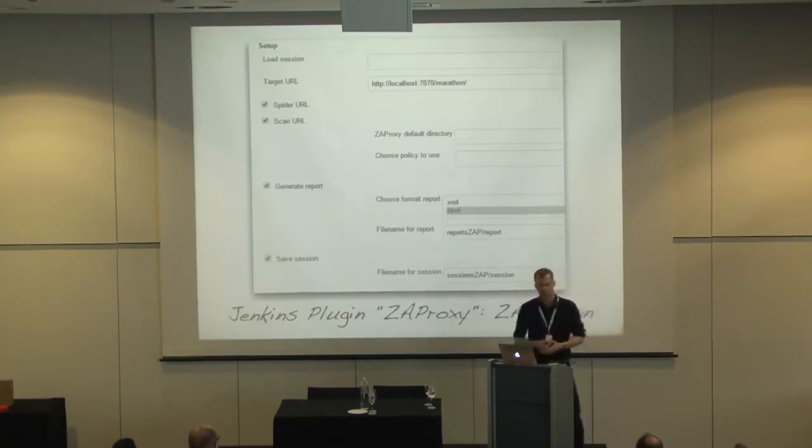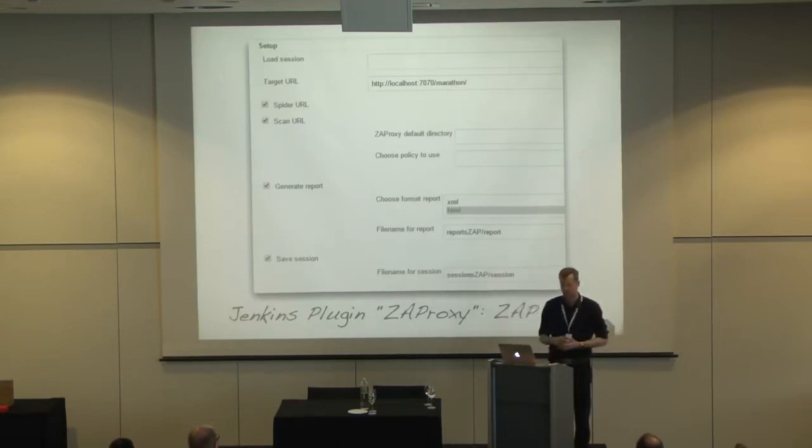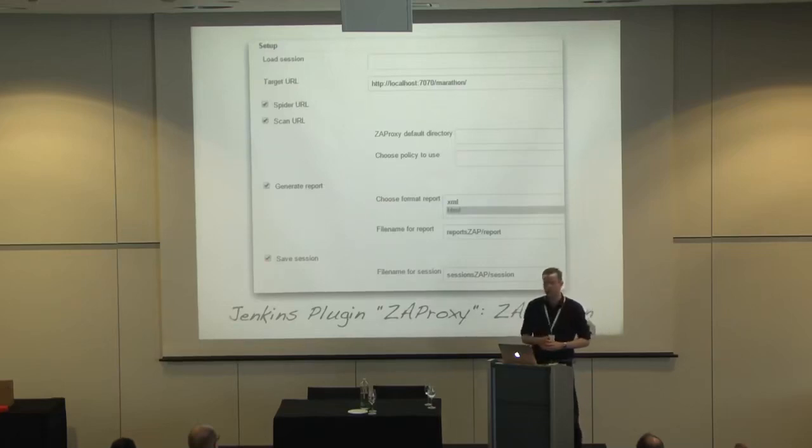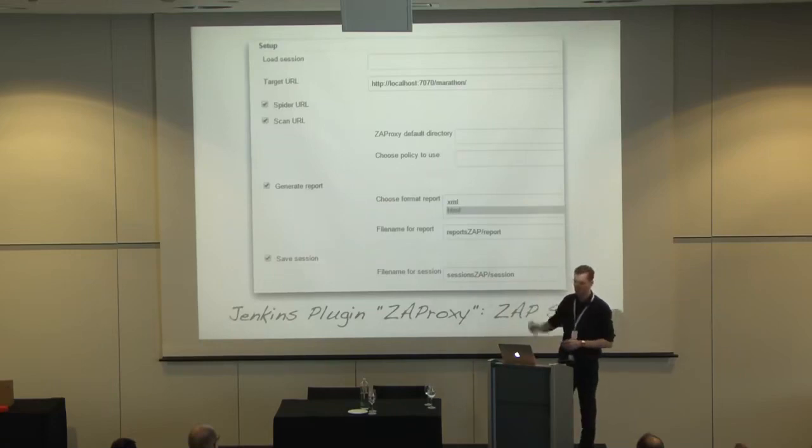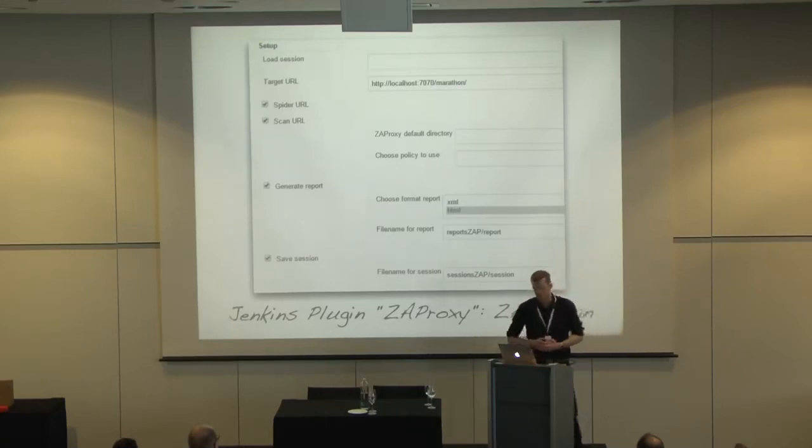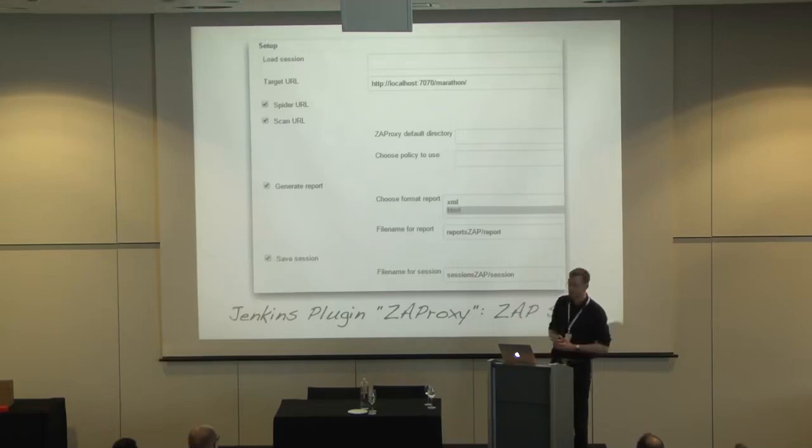This should be the running integration test system that you use during your builds and during your functional testing and acceptance testing, if you have any kind of automated tests for that as well. After all these tests are fine, you can run the security tests against the system just by configuring that URL and letting it spider and scan.